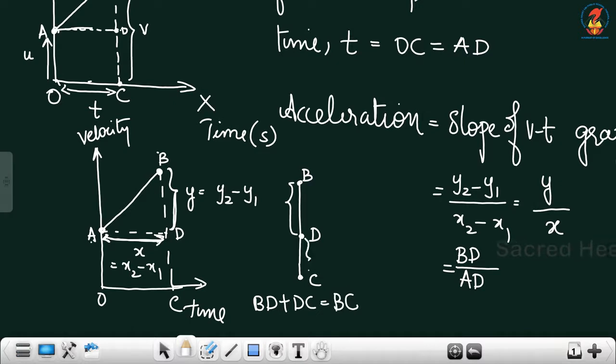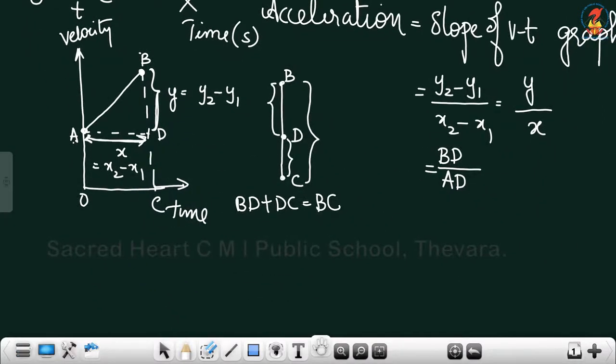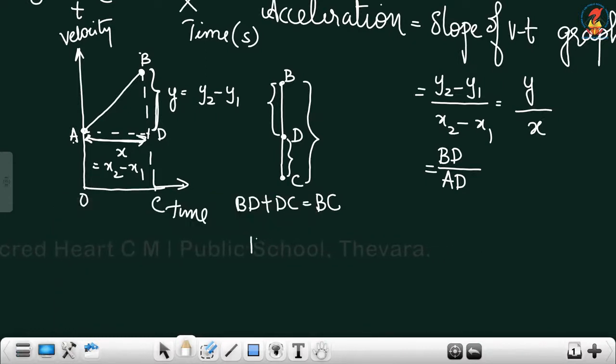This one plus this one equal to the whole thing. So, BD plus DC equal to BC. Now, from here, BD equal to BC minus DC. BC is the whole thing, this much.